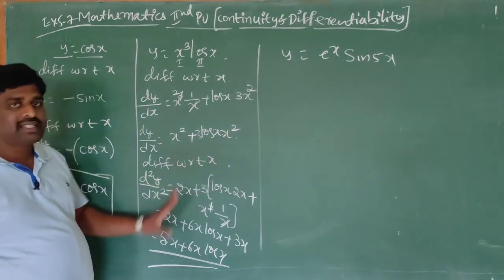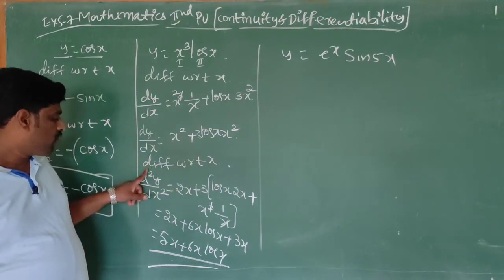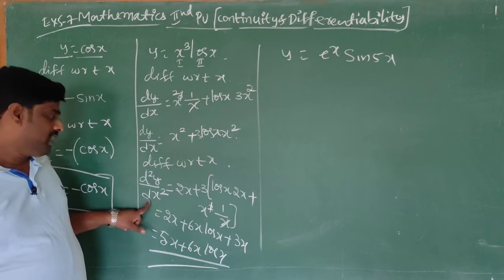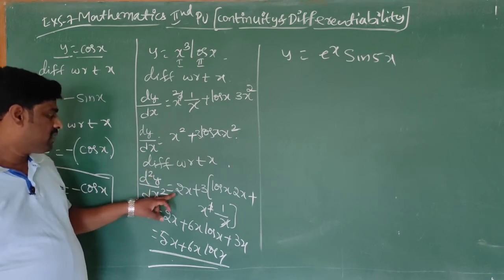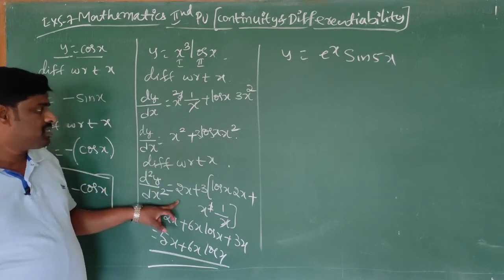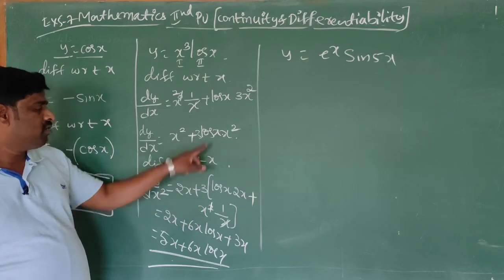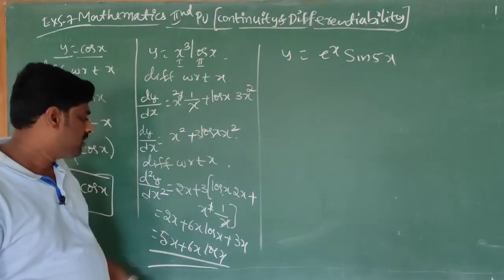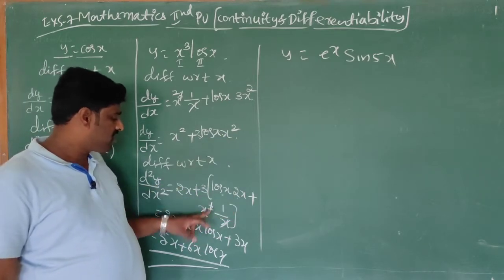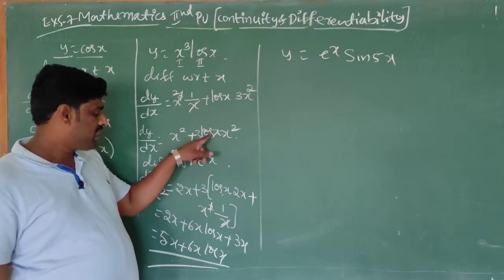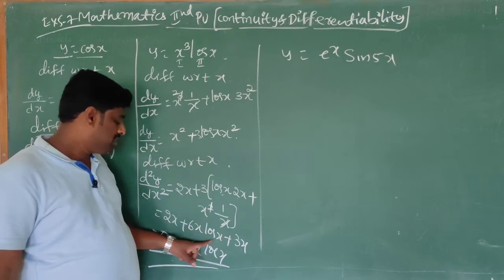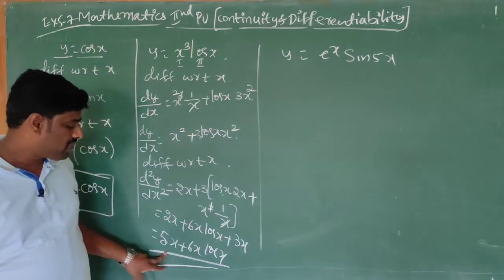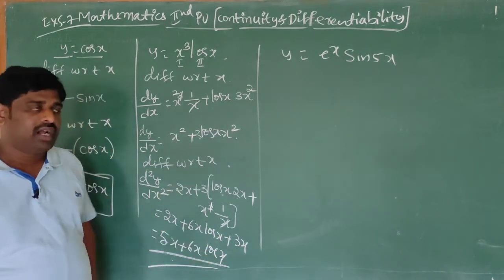Again differentiate with respect to x, because I want to find d square y by dx square. d square y by dx square is equal to x square differentiation is 2, plus 3 into log x as it is, x square differentiation is 2x, plus x square as it is, log x differentiation is 1 by x, and simplifying we will get 5x plus 6x log x.